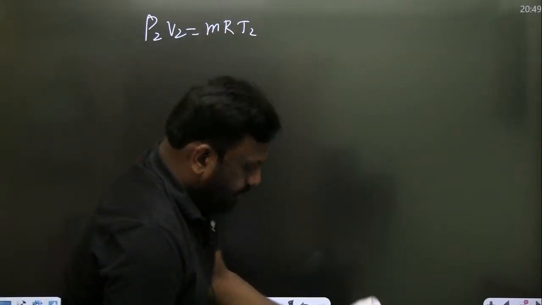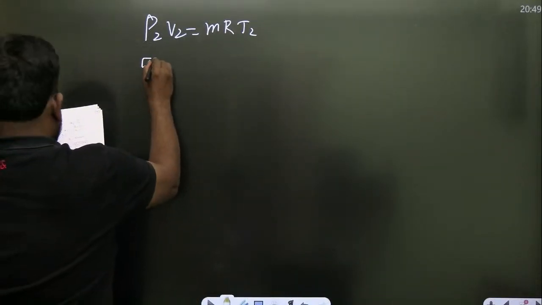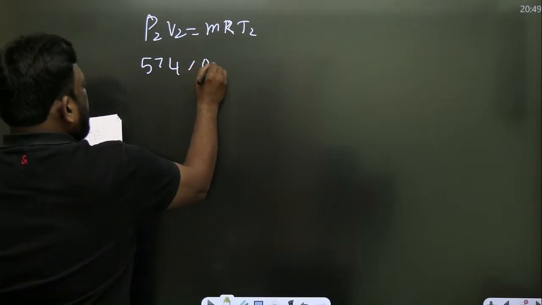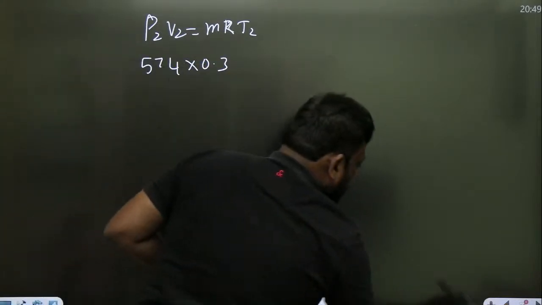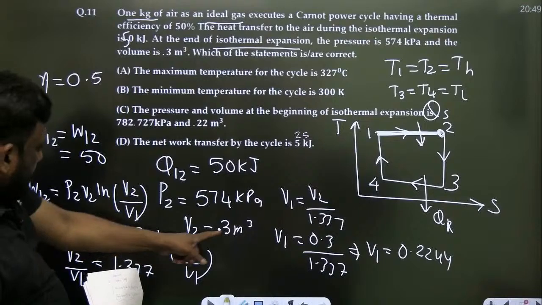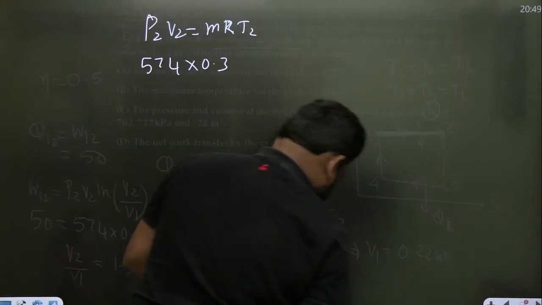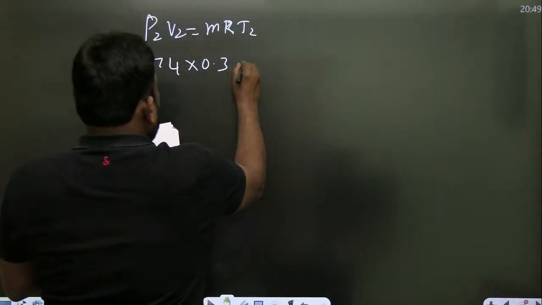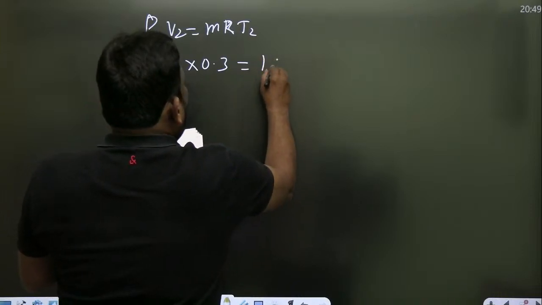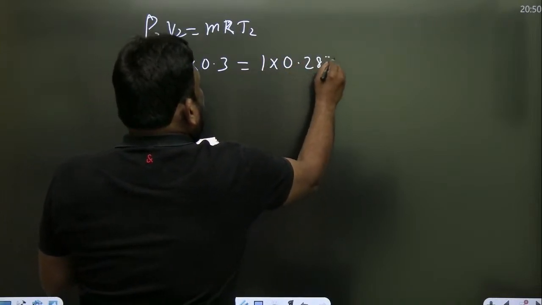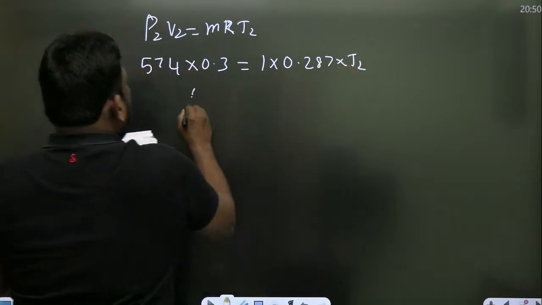ठीक है सर. P2 is already given. P2 is 574. V2 is 0.3. एक बार देखो. V2 कितना है सर? V2 is 0.3. Excellent. ठीक है. Is equal to mass is given as 1. For air, R is 0.287 and it is T2. Can you tell me the value of T2?